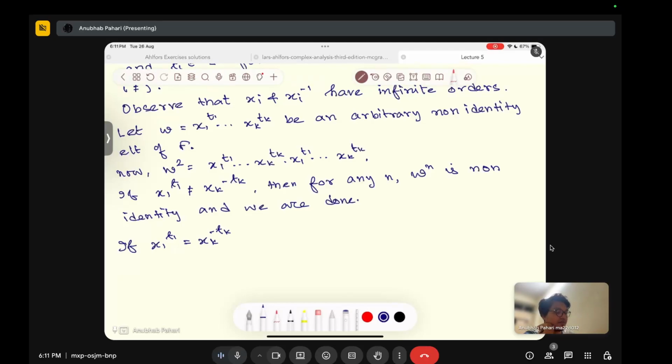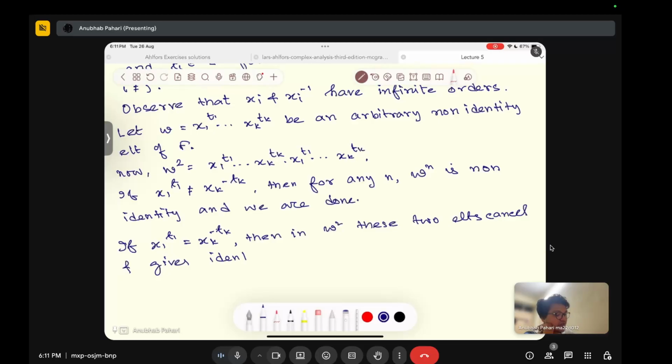Now if x1 to the power t1 equals xk to the power minus tk, then in w square these two elements cancel and give identity.